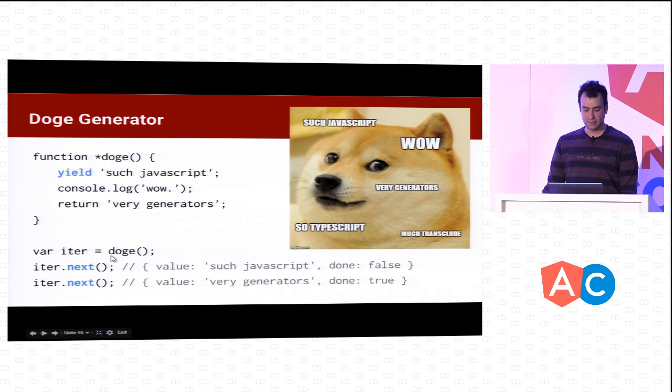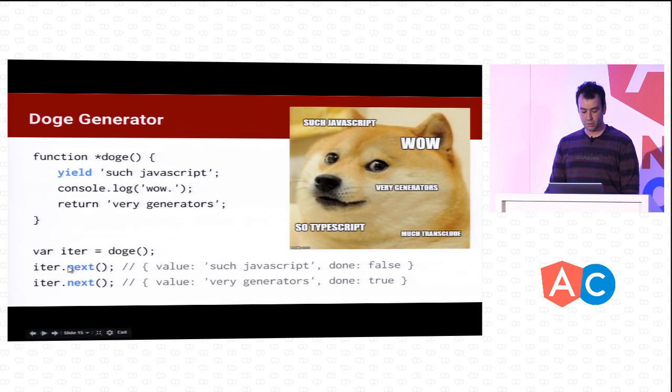When we call this generator, when we call this function here, it actually doesn't immediately start executing. What actually happens is we get an object which has a method called next. Whenever we call next, the generator starts executing and stops at the next yield statement.